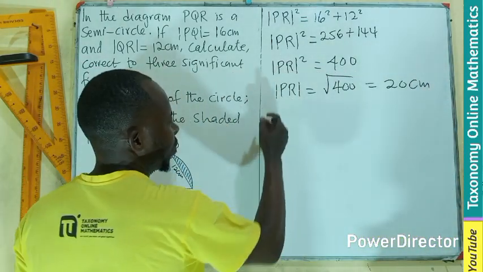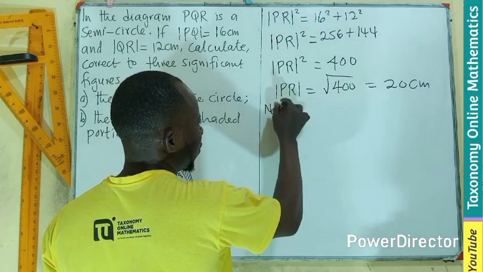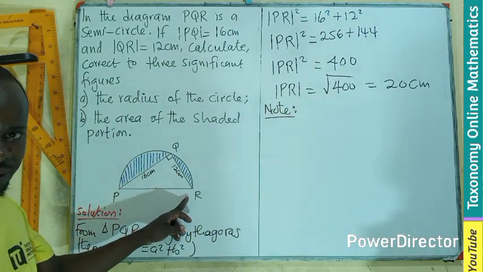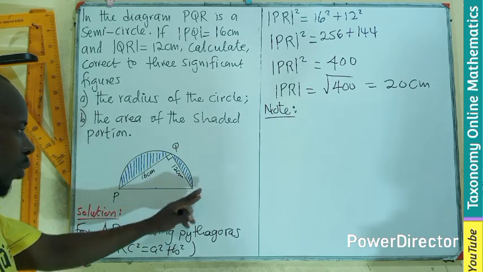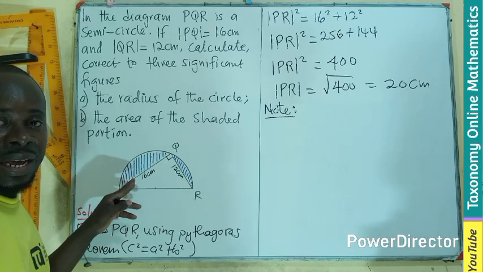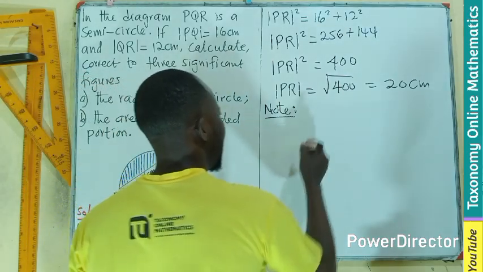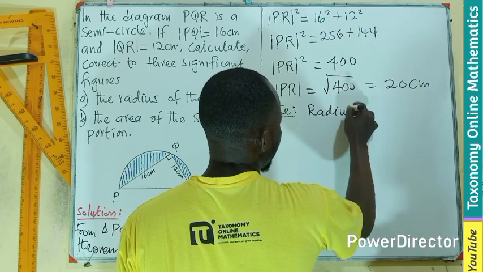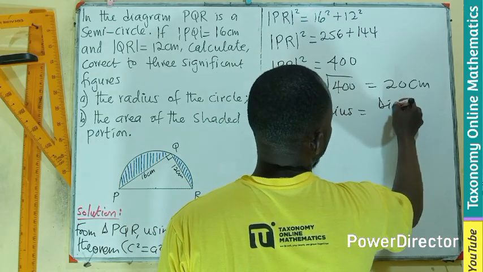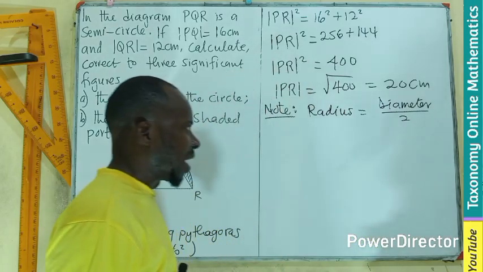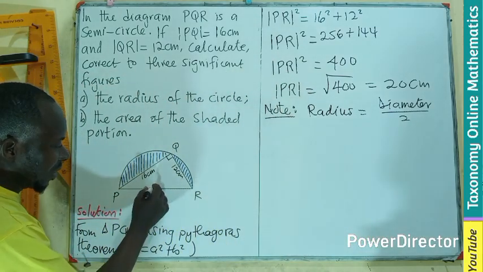Now, we need to note that PR is a diameter, which is also the hypotenuse of the triangle. So our radius is equal to diameter over 2. That is how we find the radius, because this is the center.